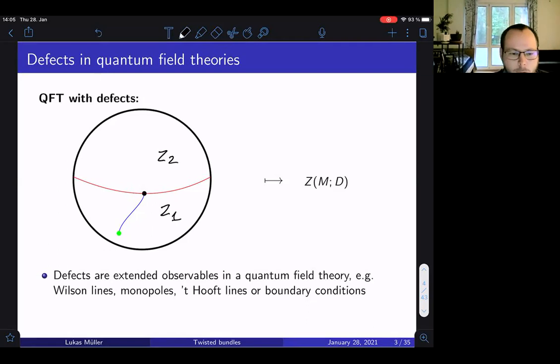Another important example are boundary conditions, which you can think of as a defect between a trivial theory and the theory you consider. You should think of this as something you can insert into your field theory, which changes the output. And I will discuss a really precise example of that in my talk.